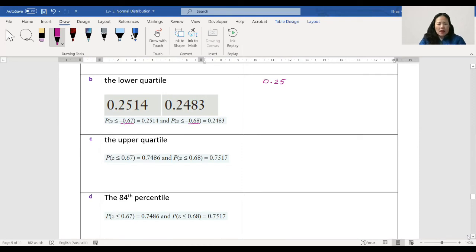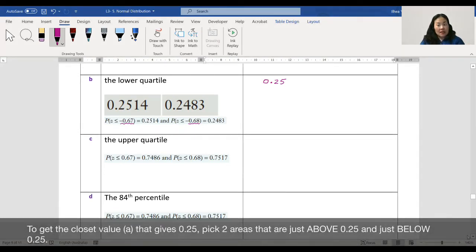You might say, oh, there are other values missed, that it's 0.25 something something. 0.25 is going to be in the middle. Okay, so you're going to pick the value just below 0.25, and just above 0.25.